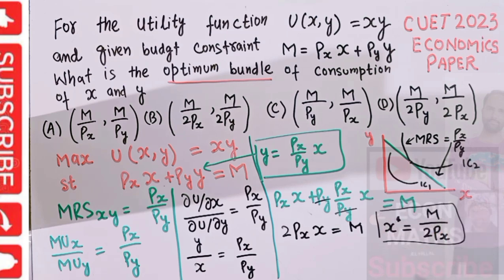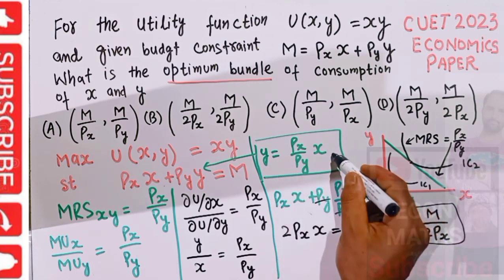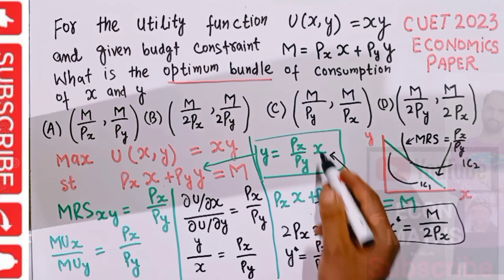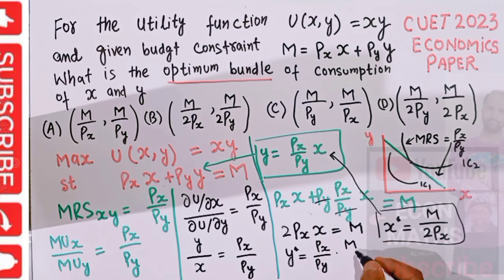Now what is the value of y? Simply plug x equal to m upon 2px here to get the value of y. So let us plug in the value of x. Our y will be equal to price of x upon price of y times the value of x, which is m upon twice px.